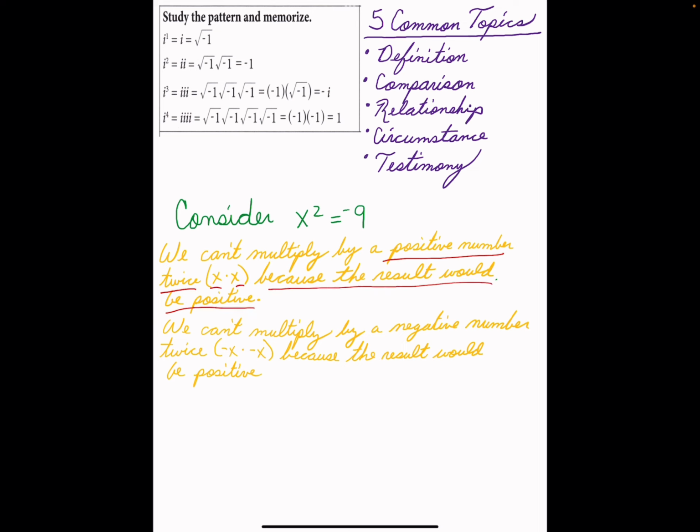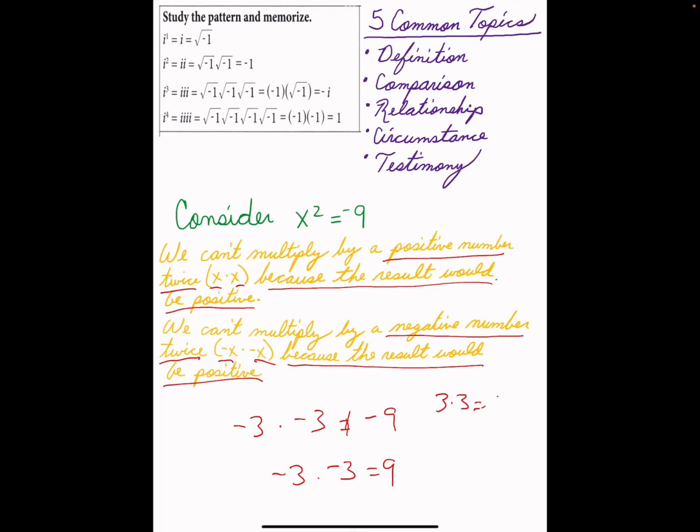We also cannot multiply a negative number twice, negative times negative, because the result would be positive. We cannot take negative 3 times negative 3 and come up with negative 9, right? It would actually be negative 3 times negative 3, and that would equal 9. So it doesn't work.